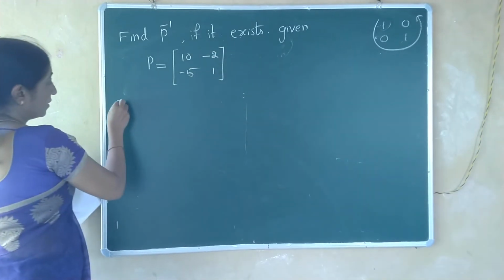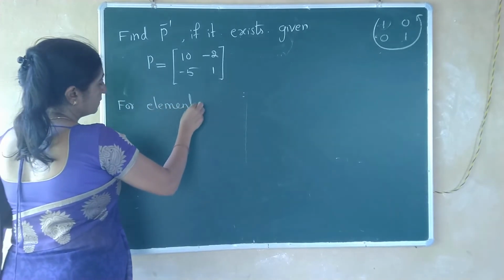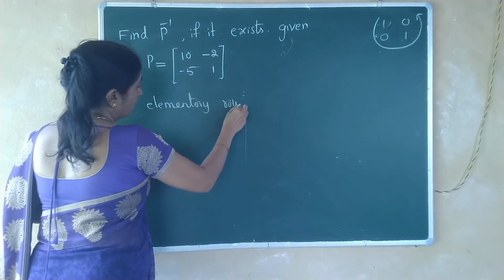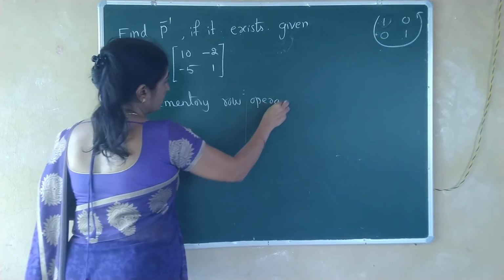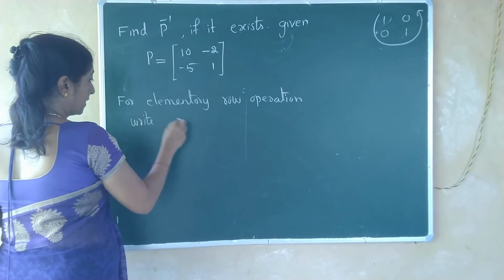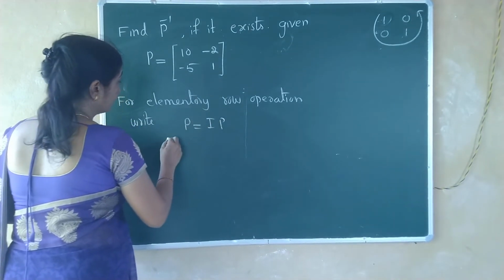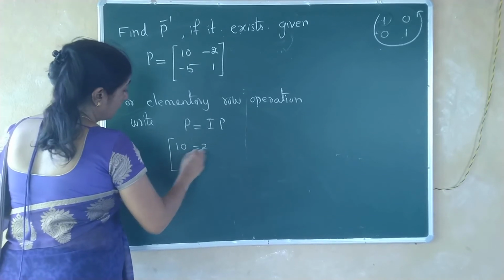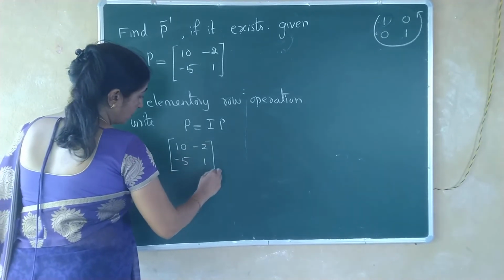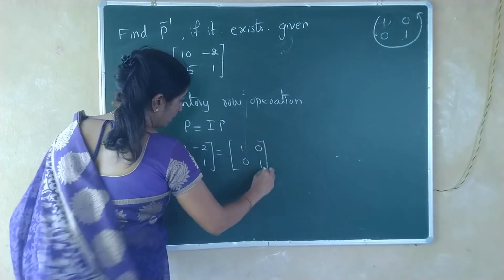That is for elementary row operation. Write P is equal to I into P. 10 minus 2, minus 5 1, and this is 1 0 0 1, P.